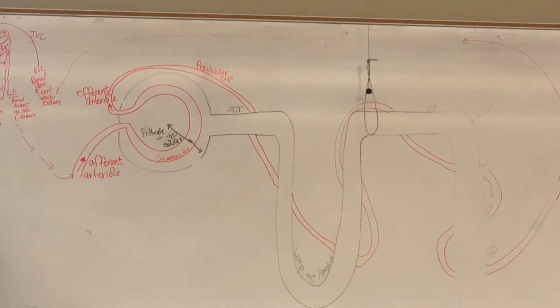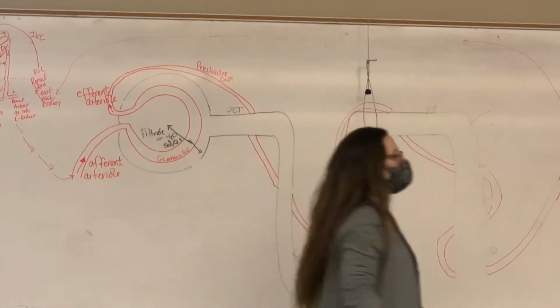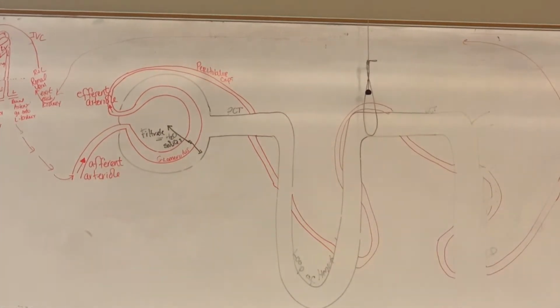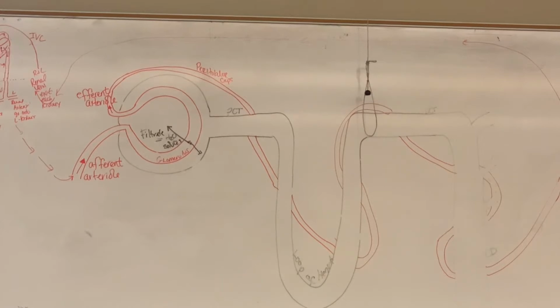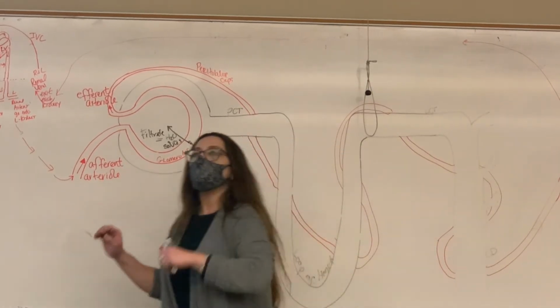Not through pumps, not through channels, there are little pores in there. We're going to learn that these glomeruli are leakier than a regular old capillary, and that helps water and solutes to come out. They've got more leaky holes, basically pores, than these do. We'll talk about that later. They're called fenestrated capillaries. They're leaky.